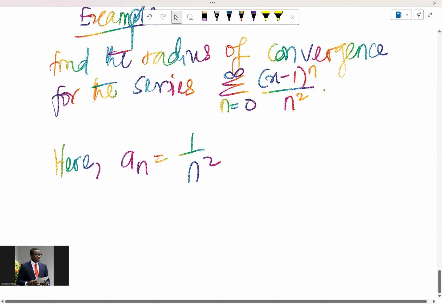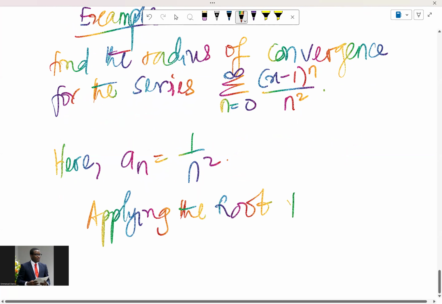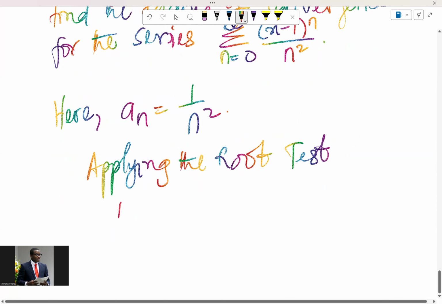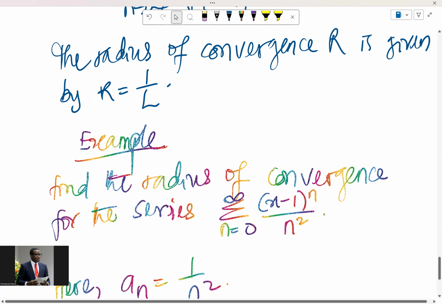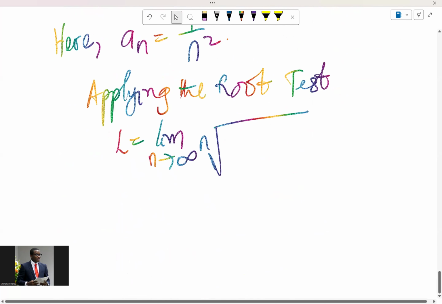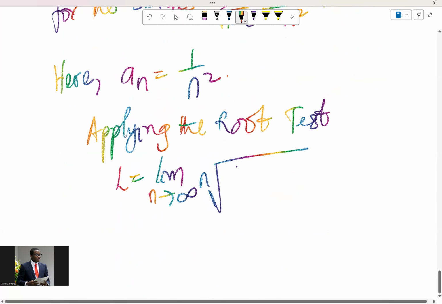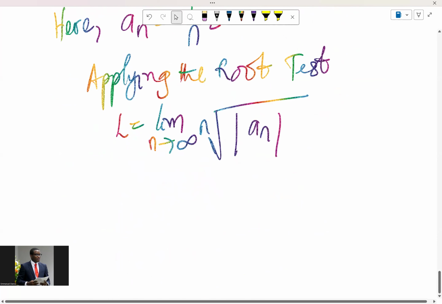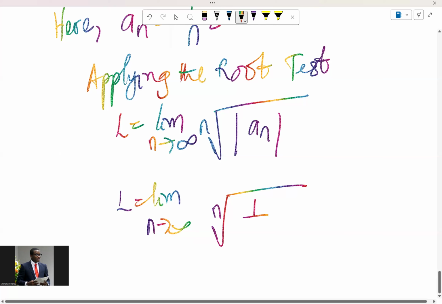So applying the root test, L is equal to the limit as n goes to infinity of the nth root of the absolute value of a_n. So L is equal to the limit as n tends to infinity of the nth root of the absolute value of 1 over n squared.